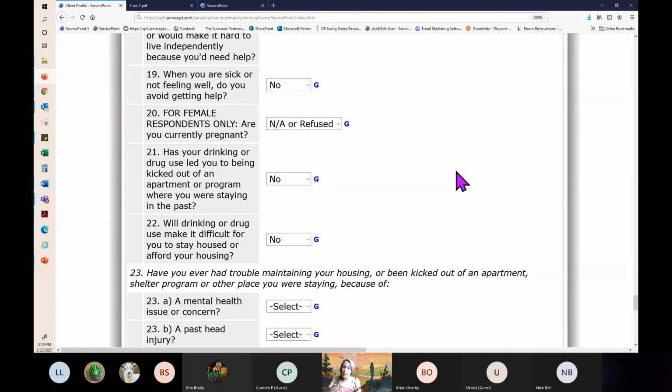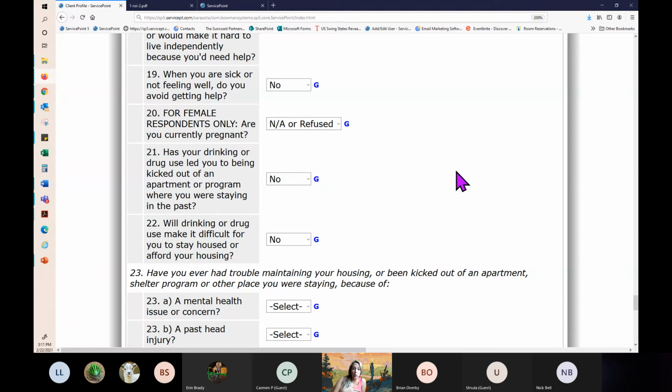But just keep in mind that we're telling the client's story, and maybe that part of the story is better told in a client note or after we have triaged the client and connected them accordingly. Because whether the client answers yes or no to this question, self-attest or you attest yes or no to this question, it will not significantly impact the housing options for that client, if that helps at all.